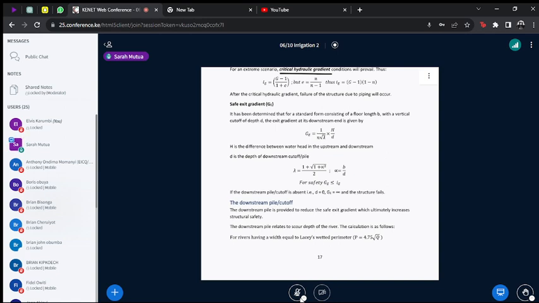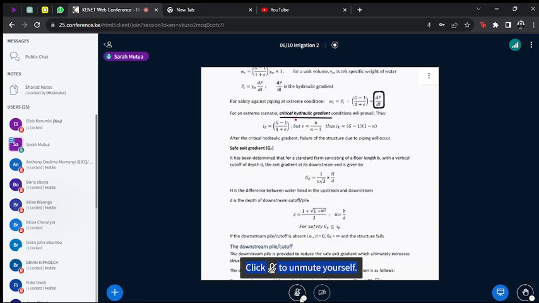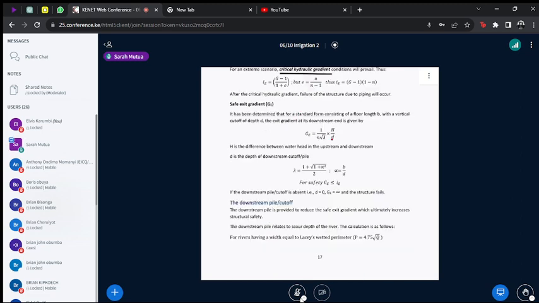Now, remember I said GE, the one that we have calculated, has to be less than the critical hydraulic gradient that is calculated from up here. You can always calculate the critical hydraulic gradient based on the characteristics of the material.